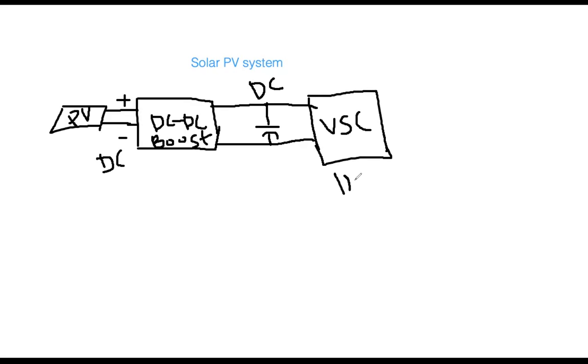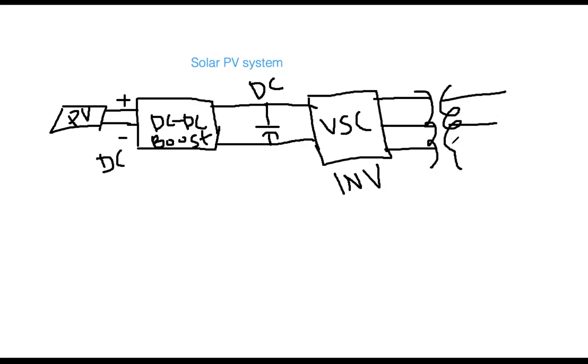This means you are converting into either a single phase or three-phase system. And then you have a transformer, and from the transformer you are connecting it to the grid. So this point is the grid.